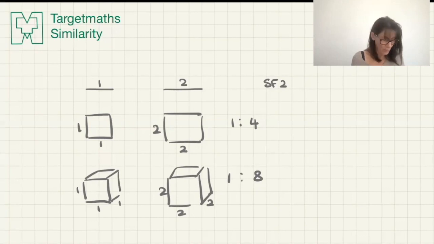Now there is something really significant happening in our area and our volume and the way that it links to this. There is a scale factor that takes me from 1 to 4. And I naturally want to say, yeah, times by 4, scale factor of 4. And here I would naturally want to say it's times by 8.